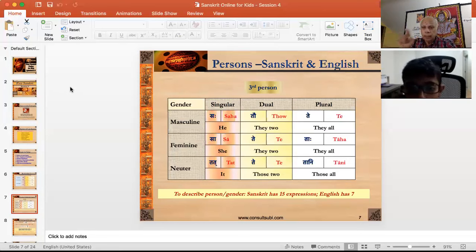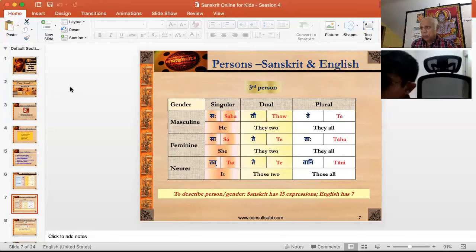Neuter gender, tat, it. Two means te, and tani, tani is those all. Now, you find te is appearing in 2-3 places. How to distinguish? It depends on the context. Depending on the context, you have to understand how to use te. So, in Sanskrit, you have 15 expressions to describe person and gender as against 7 in English. So, it's a little more complicated.